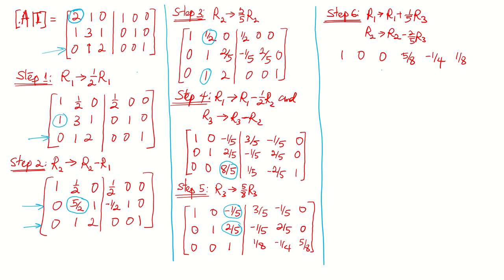So row 2, this is 0, that remains 0. It's not going to change. The other is 0. That will become 1. It's not going to change. Then multiply 2 over 5. So we have row 2, 2 over 5 minus 2 over 5. That is 0.